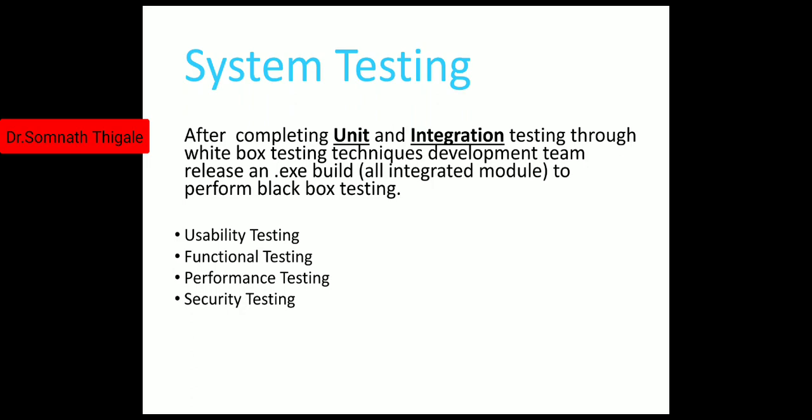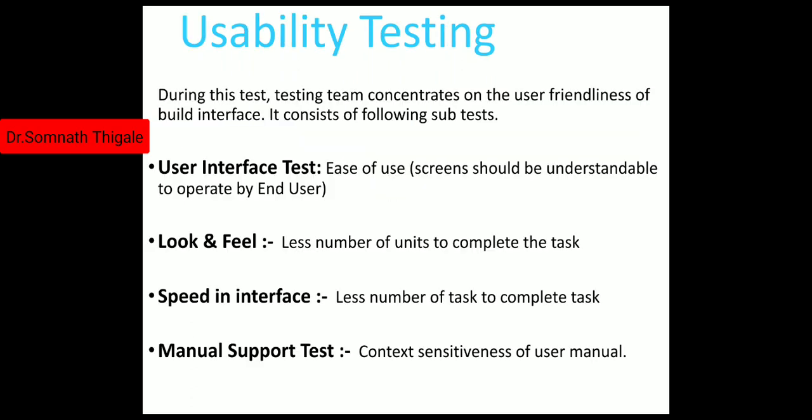That should be tested, because sometimes through penetration, hackers try, for many purposes, to get access to your system. That type of testing we call security testing. So all this comes as a part of your system testing.